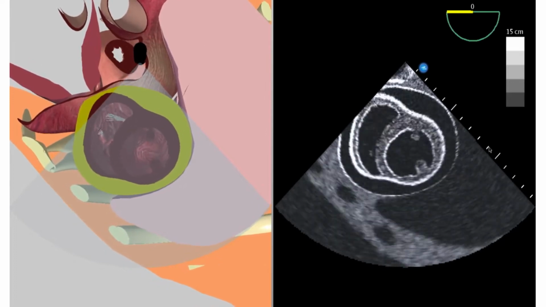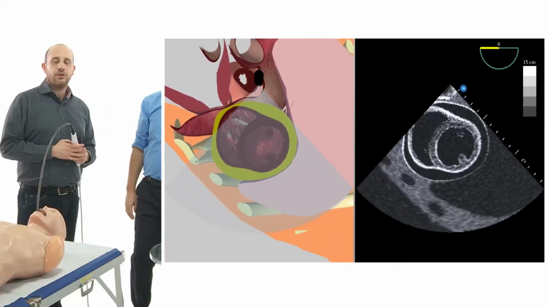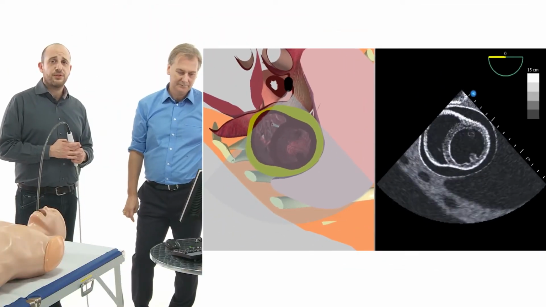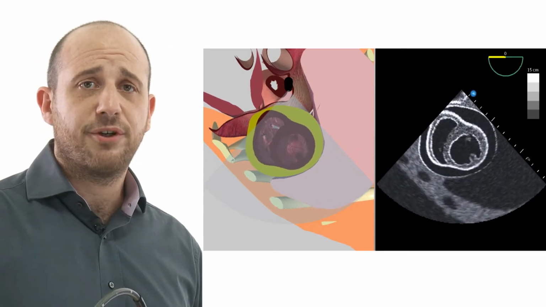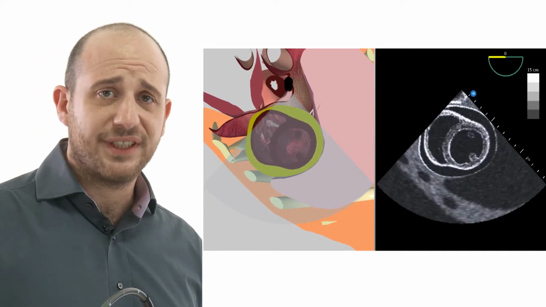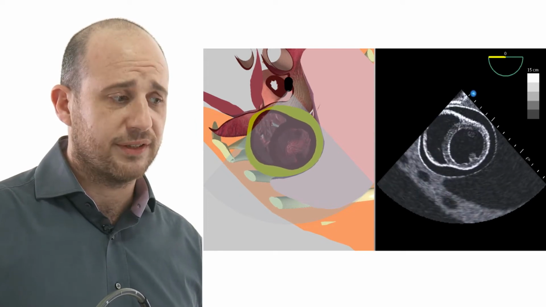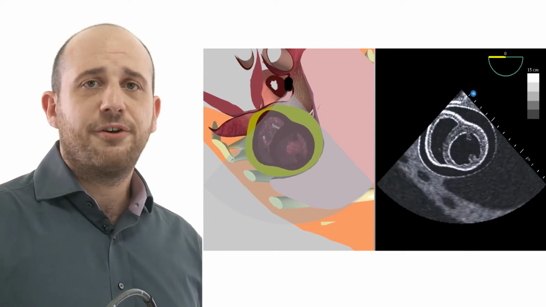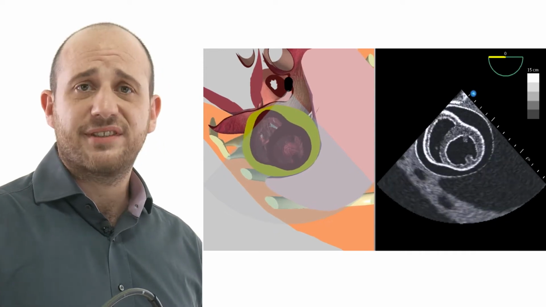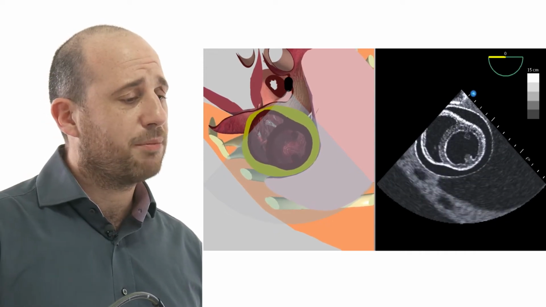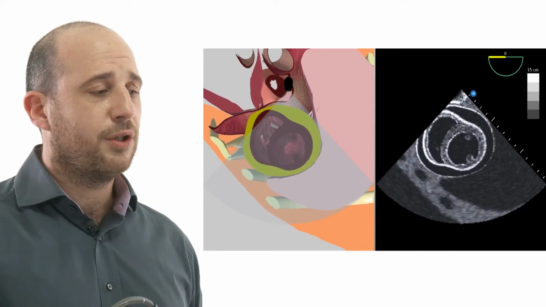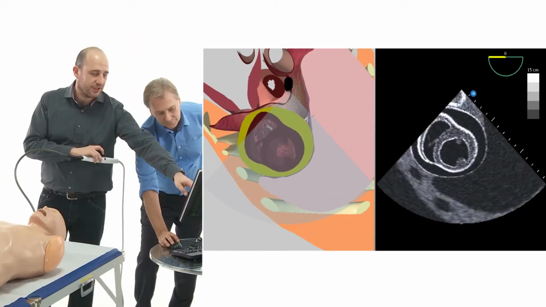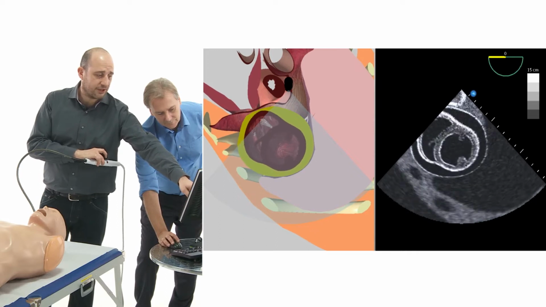Do you want to explain maybe, Bruno? Yeah. Do you know from nomenclature of the heart, the left ventricle is divided into 6 different walls. The anterior wall in our transgastric mid-papillary short axis view is not the closest point to the probe, but the most distant point on our circle.